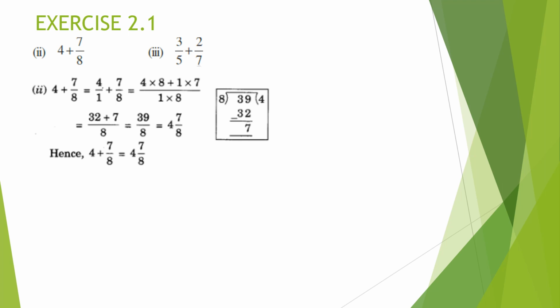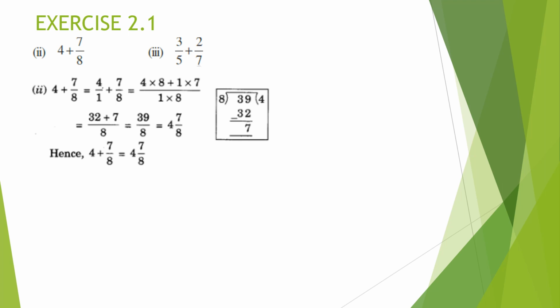So our first fraction is 4 by 1, while the denominator is 1, so to make it equal to the LCM, we have to multiply 1 with the 8. That means the numerator and denominator we have to multiply it by 8.